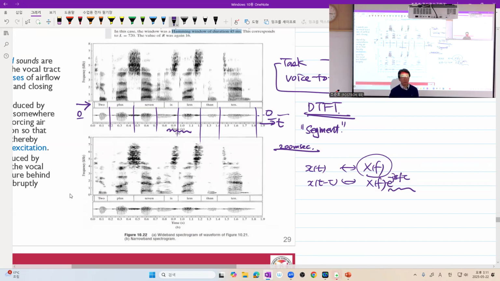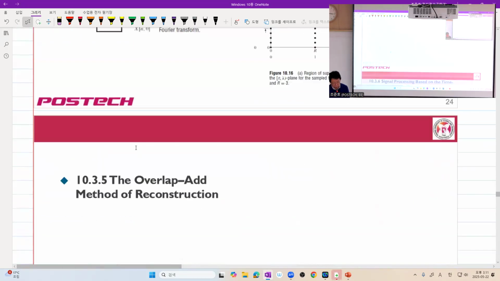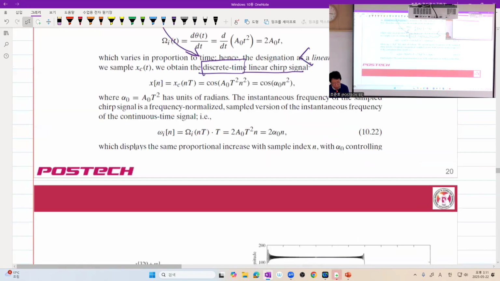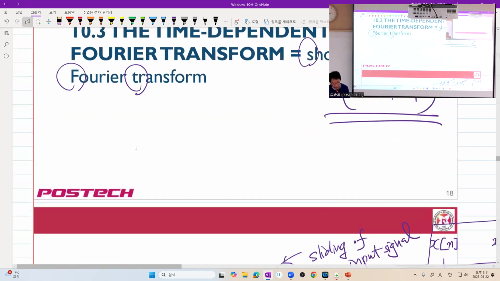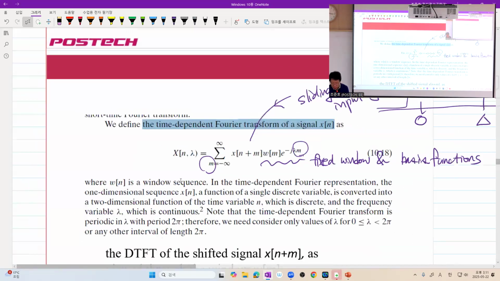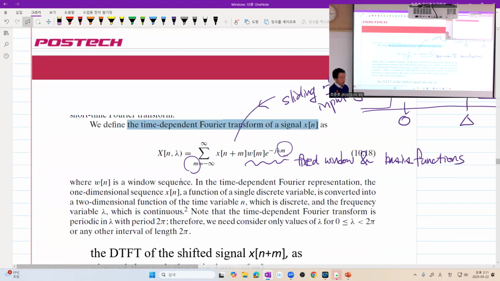Then what would be the idea? The simplest idea is what? Use the window function. So here goes the idea. Let me show you the equation because we understand things well with equations. So here, our new transform, the short time Fourier transform, has two parameters.